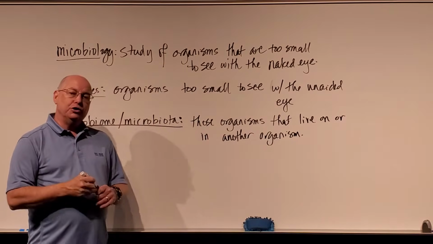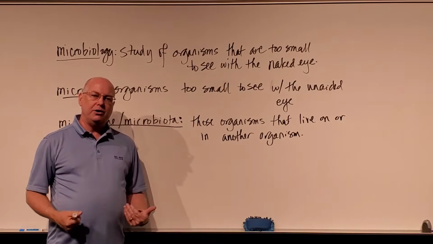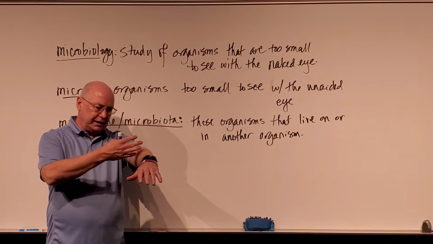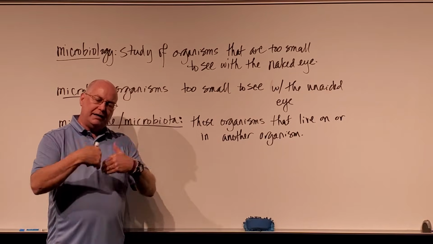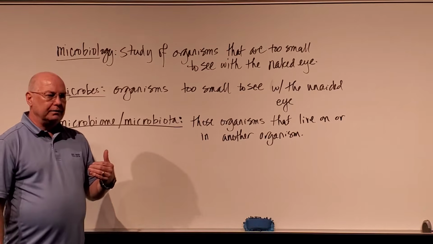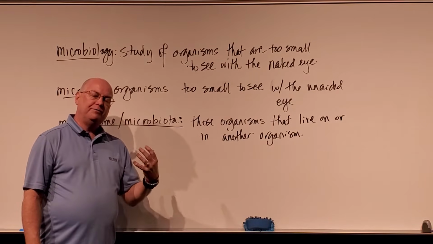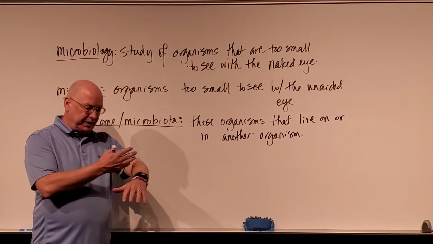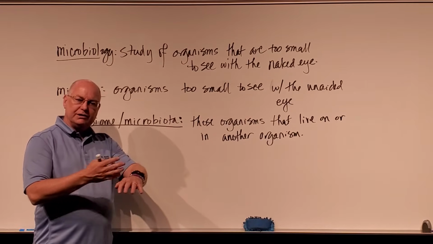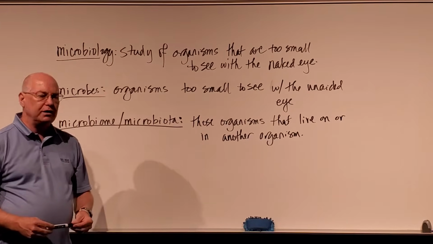So, for example, human beings have a microbiome. We have bacteria and things that grow on our skin and in our gut that actually provides a lot of benefit for us. They can prevent parasites and fungi and other things from growing on us.